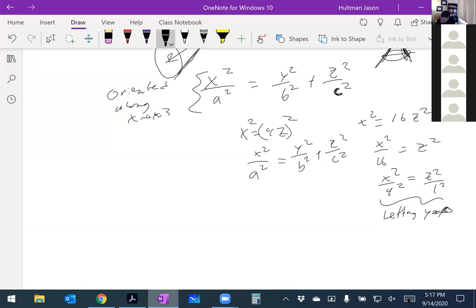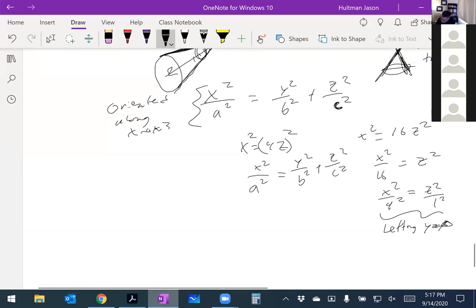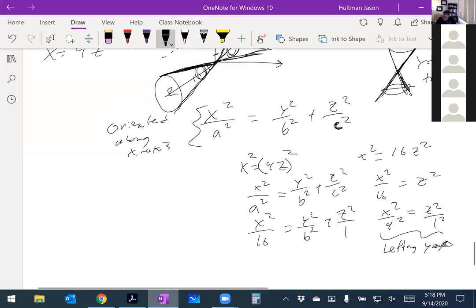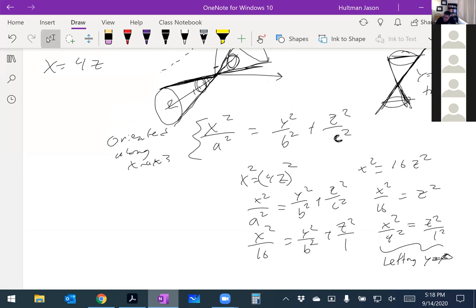So I know what a and c are. If I let y be 0, then a squared is 16, and c is 1. So what I need to figure out is what b is. What would be nice is if I could let this thing go to 1.